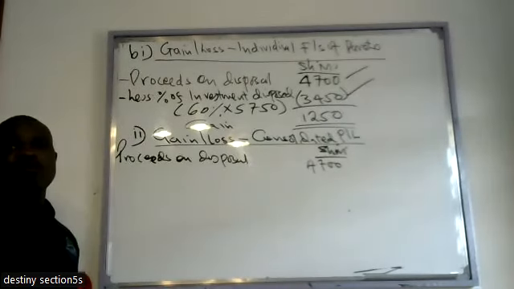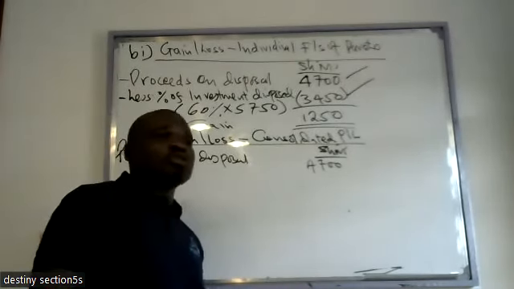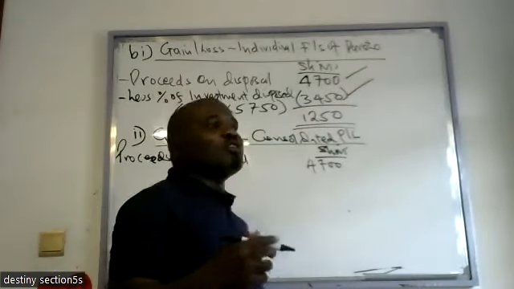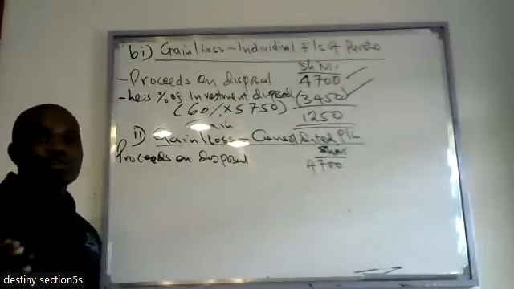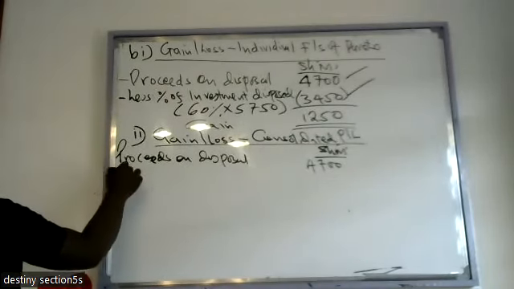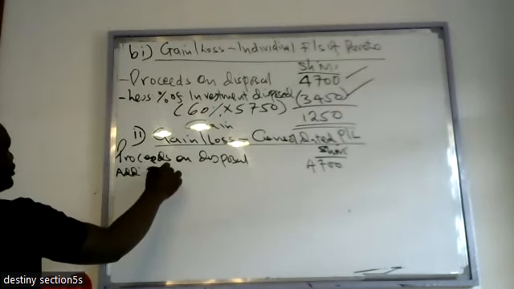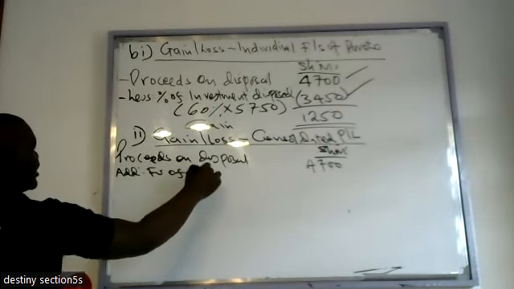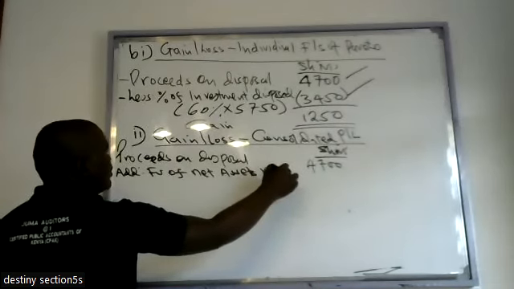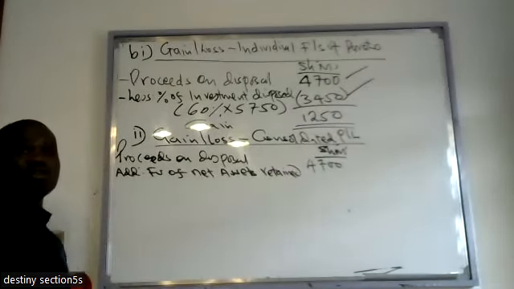So you receive 47, then it's assumed that the value which you have retained is also another income on its own. What you never disposed, the fair value of the net assets retained. So you add the fair value of net assets retained.